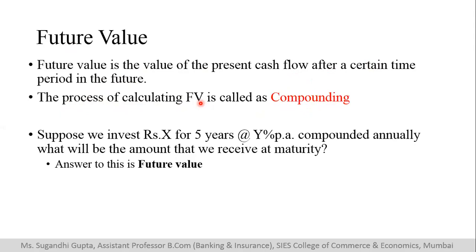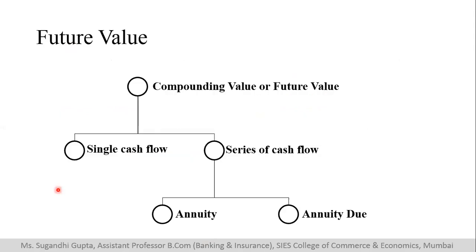The answer to this question, how much will you receive at maturity, will be given by calculating the future value of the money. Future value, as I said, means compounding value.